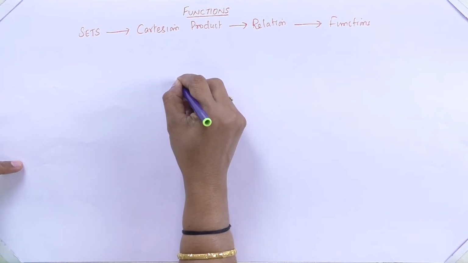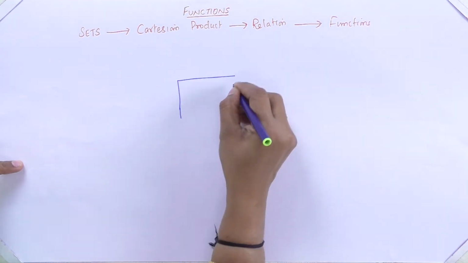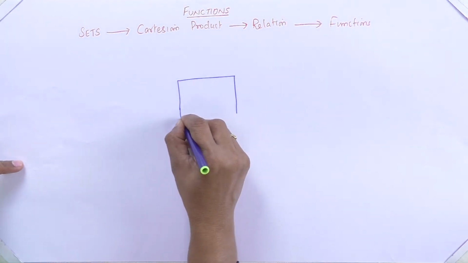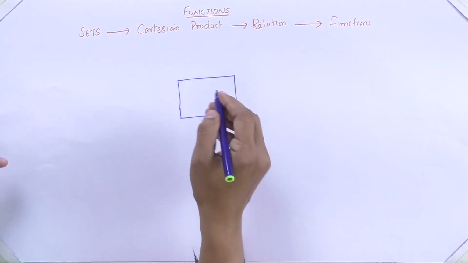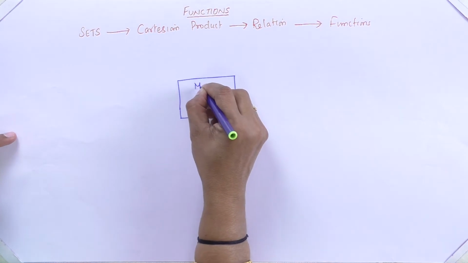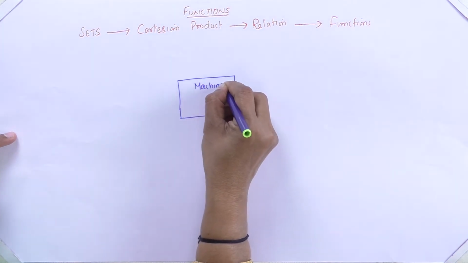Now before we enter into function, let me give you an analogy for a function, right? We have a machine. So this is a machine. This machine may be either a CPU or a calculator, whatever may be, or your mobile phone. So whatever this is, it is a machine. It does some process.